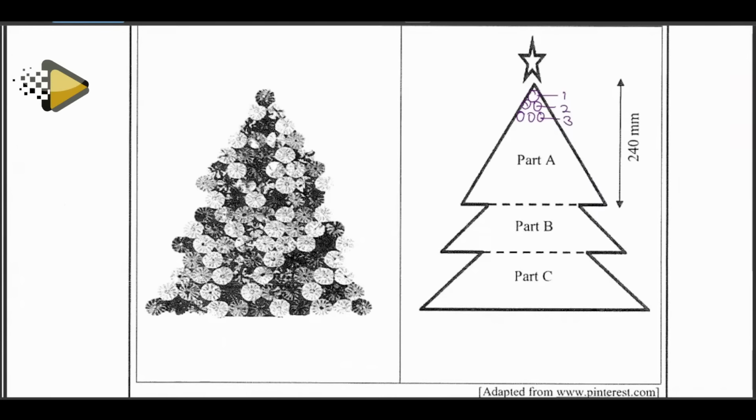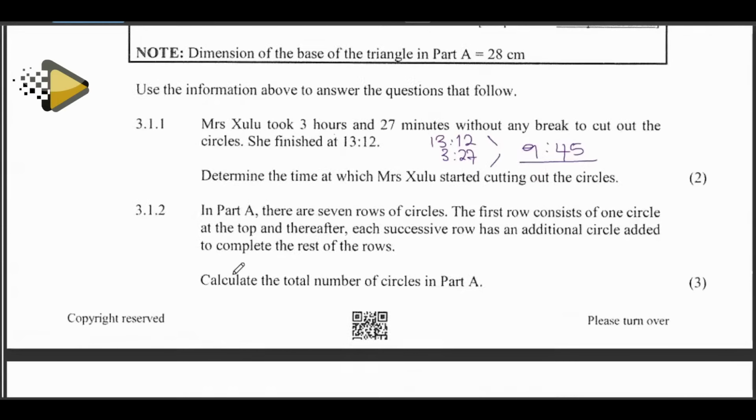So it goes on and on. Here they're asking you, calculate the total number of circles in part A. So if there are 7 rows, we shall have 1 plus 2 plus 3 plus 4 plus 5 plus 6 plus 7.